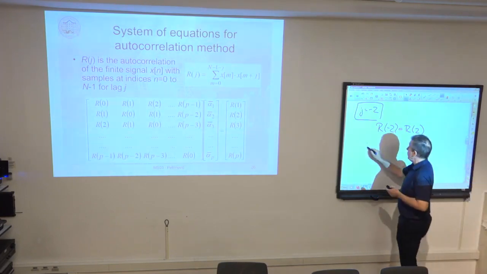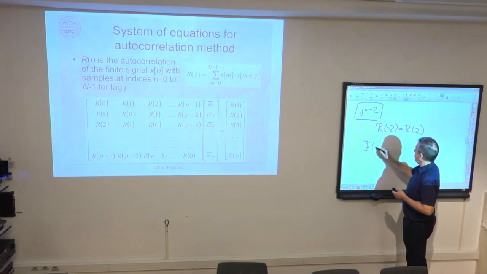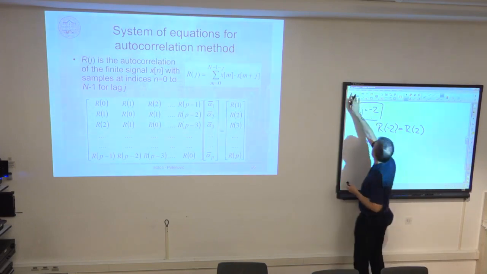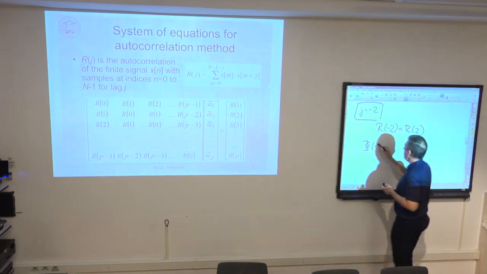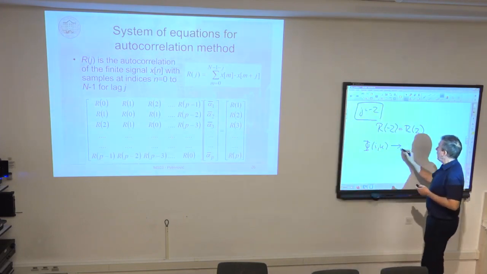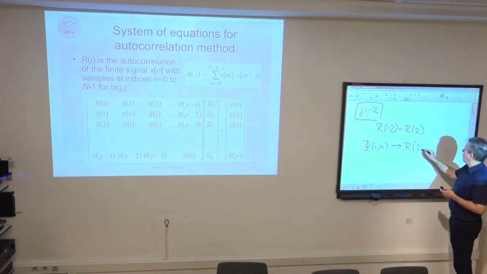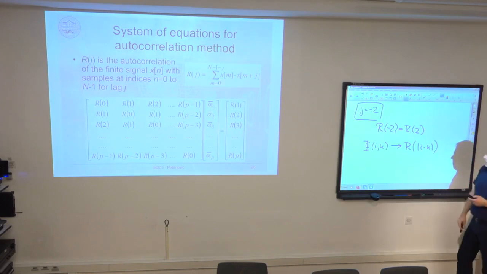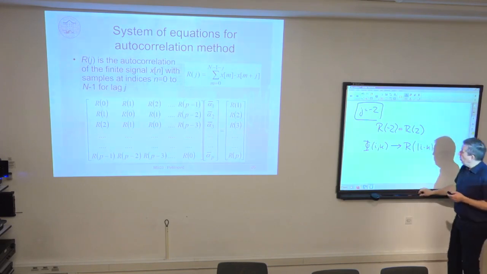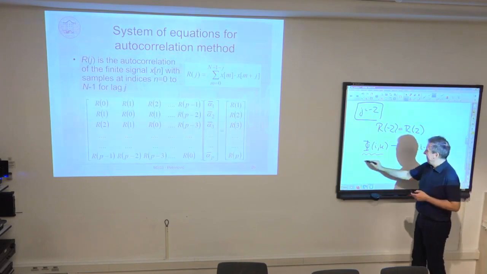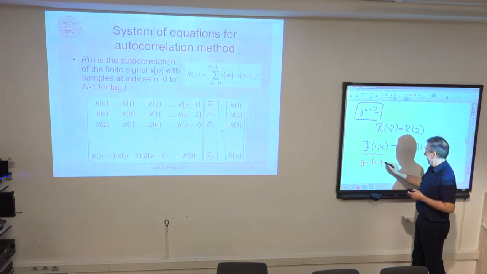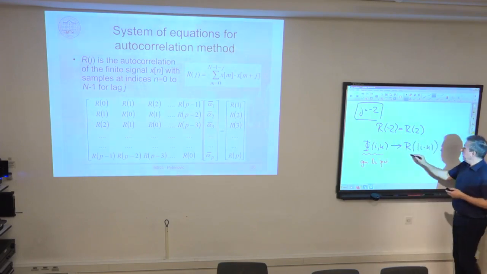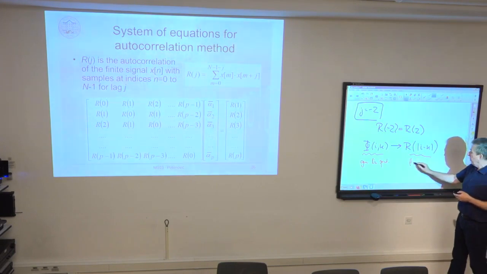And now, if I have the original phi of i, k, it is replaced with R of the absolute value of i minus k. This is for the general linear predictor, while this here is for the autocorrelation method.